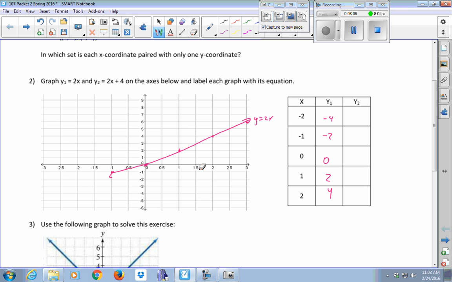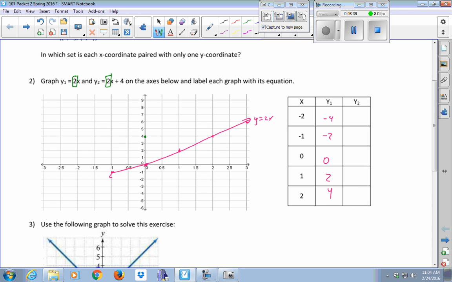graph is going to look in fact, if I asked you to tell me something about these two graphs before you even graphed them, if you know this, could you tell me something about the two lines before you even graph them? They're parallel. And how do you know that? The same slope. So notice both of these lines are increasing and decreasing at exactly the same rate. The only difference is this first one goes through 0, 0, and your second one goes through 0, 4.